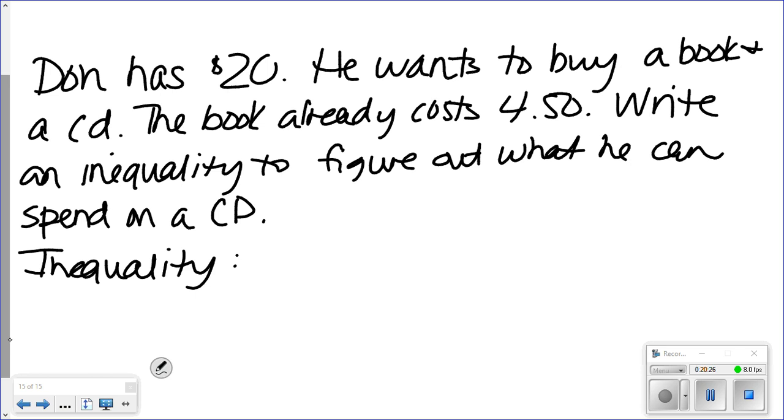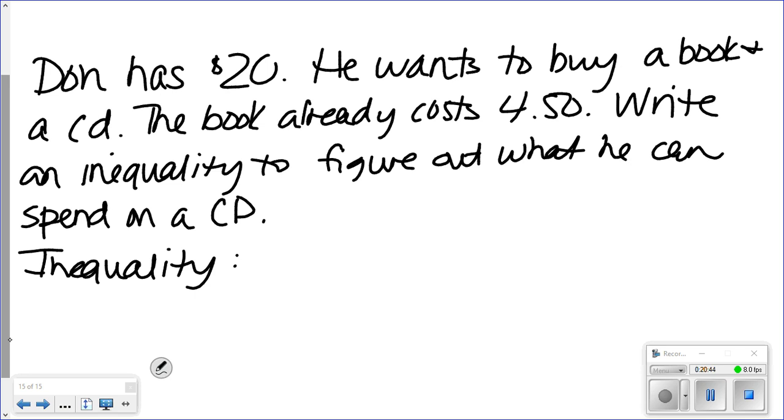What's your inequality look like? Maybe you're writing it down, I don't know.